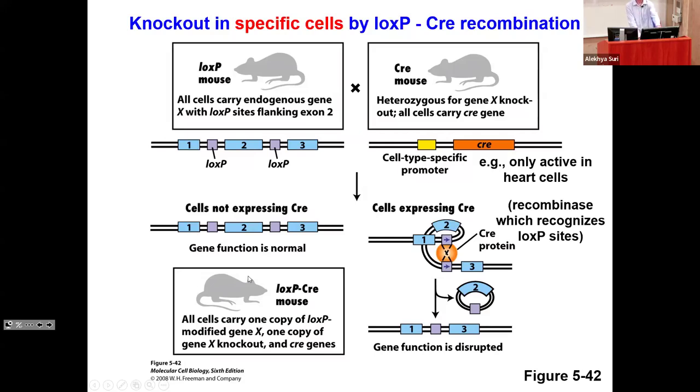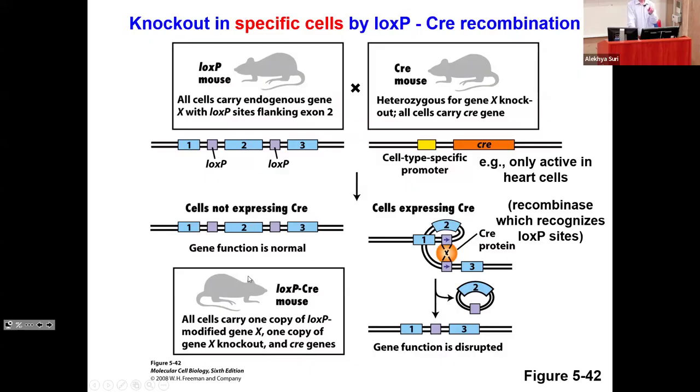So exon 2 will be spliced out. The Cre recombinase is recognizing the LoxP sites, and exon 2 will be removed. So after the action of Cre recombinase, exon 2 is missing in this gene that you want to study.